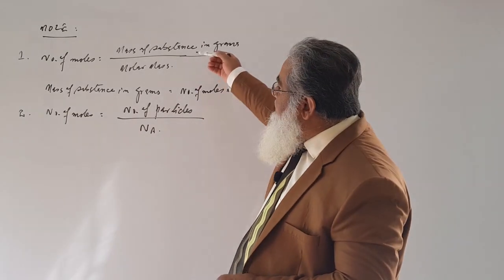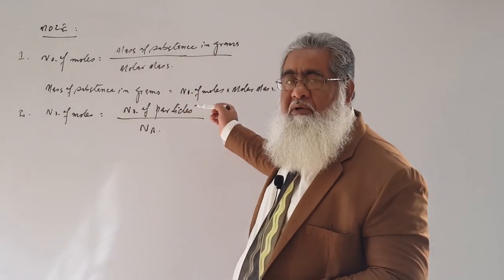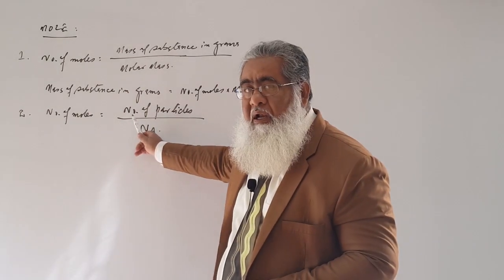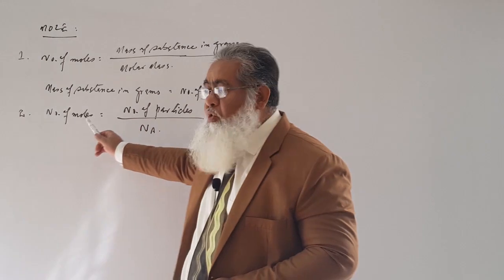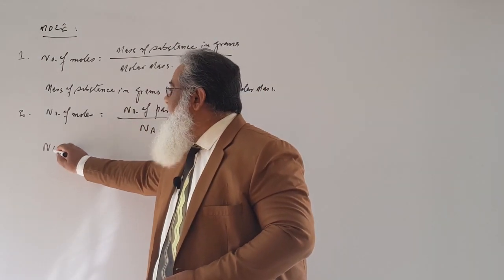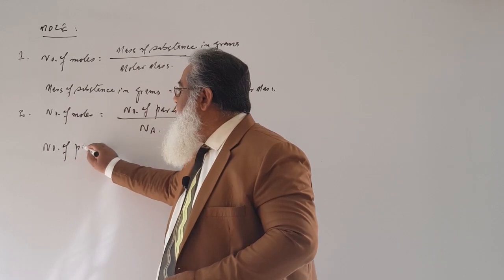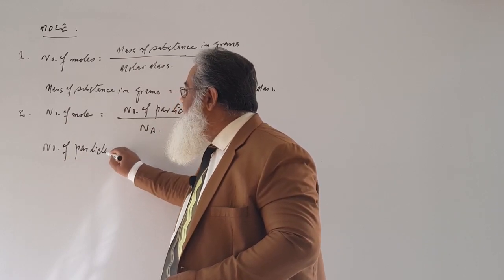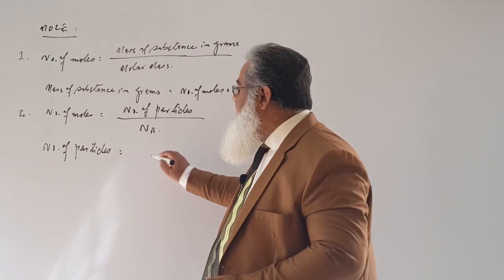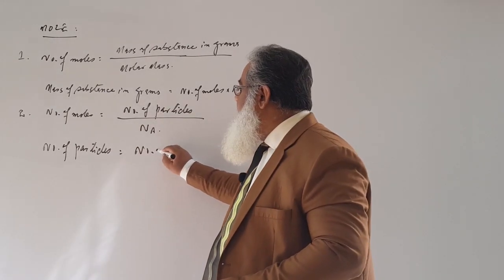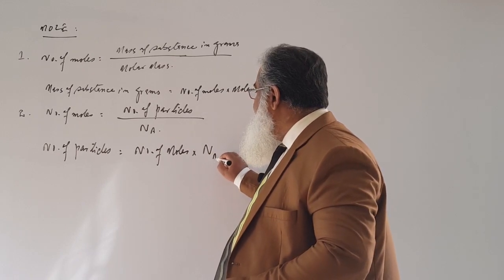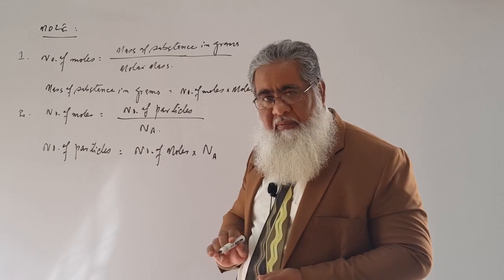Like the arrangement in the first formula, if we are asked to find number of particles and number of moles are given, we will rearrange this formula as number of particles. These particles may be atoms, ions or molecules. Then number of moles will be multiplied with the Avogadro's number.